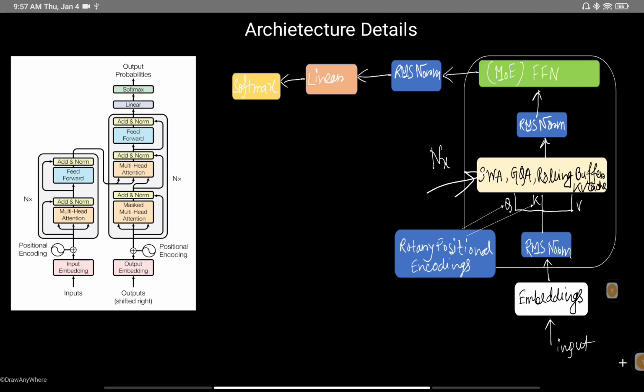Then we have the feed forward network. In this feed forward network, the concept of mixture of experts comes into play, and we will look into what it is actually doing in future videos. Then we again have the RMS norm layer, and in the end we have the regular linear layer and the softmax layer, which gives you the probability distribution of the next probable output token.